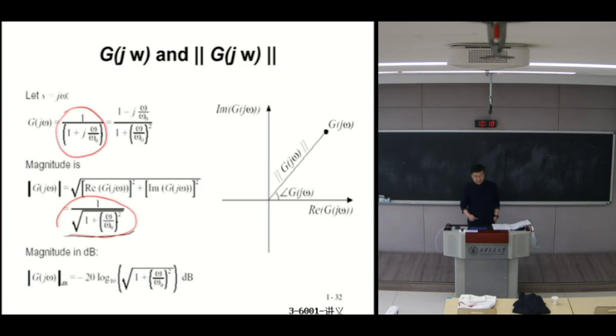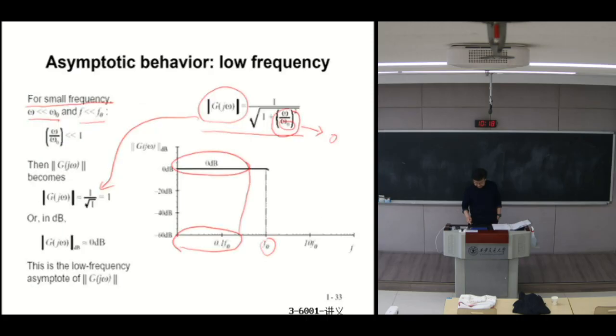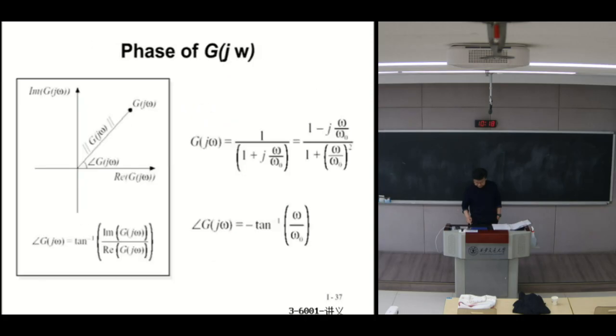And the phase angle will therefore be represented exactly as minus arctangent of omega over omega 0.